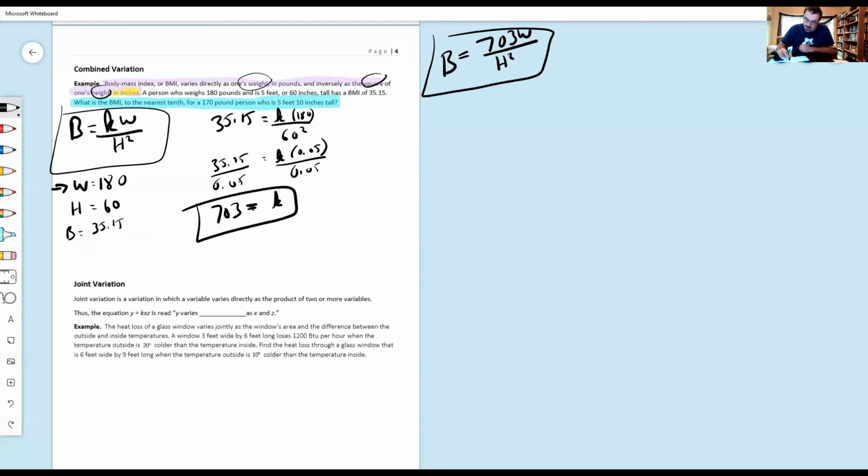So B equals what if weight equals 180 and height is 5 foot 10 inches.